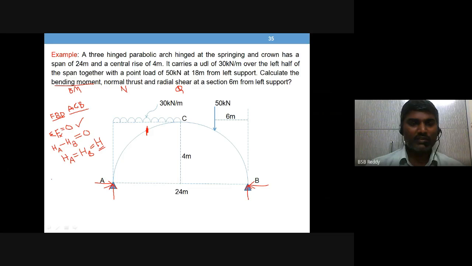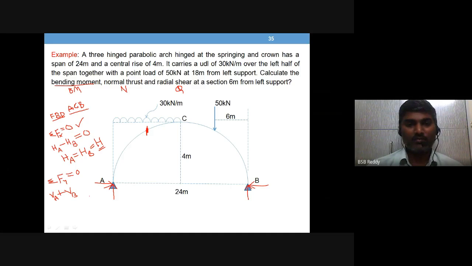Right, what next? Sigma Fy equals 0, sum of all vertical forces equal to 0. So let us see how you write the values required for this equation. VA upward and VB also upward.